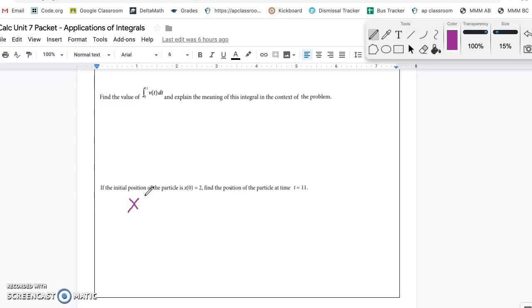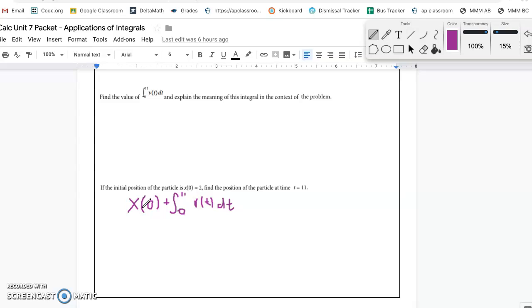So take the initial amount, and we said an integral represents the change. So we're adding in the change from our initial point, which is 0, to our final point, which is 11, of v of t dt.